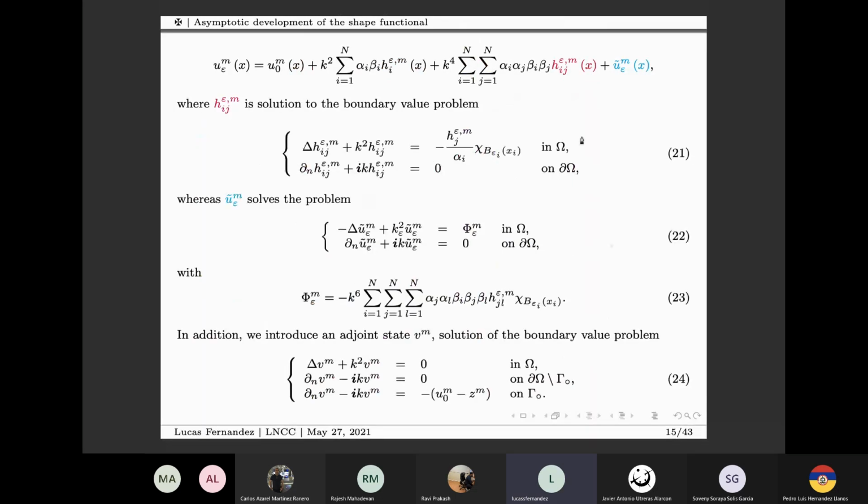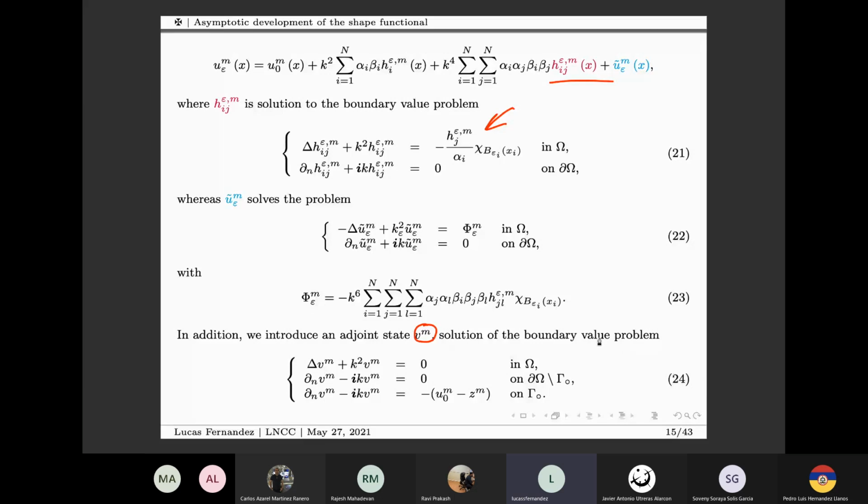We still have two functions here. Firstly, hij epsilon, which is the solution to the boundary value problem 21, whose governing partial differential equation is not simple due to its source term. However, we don't need to solve such a problem because in further calculations, we replace the function hij epsilon by the adjoint state v, which is obtained as a solution to problem 24.